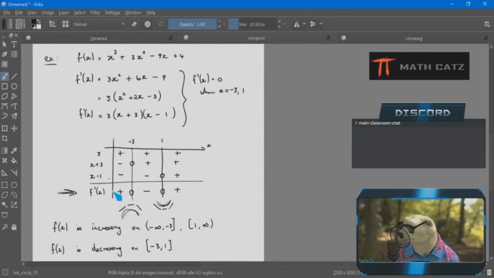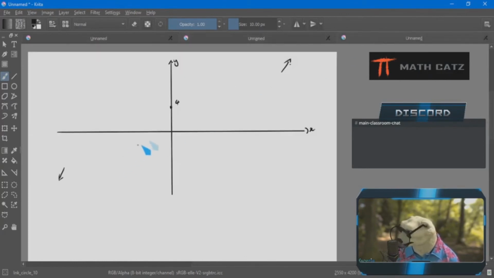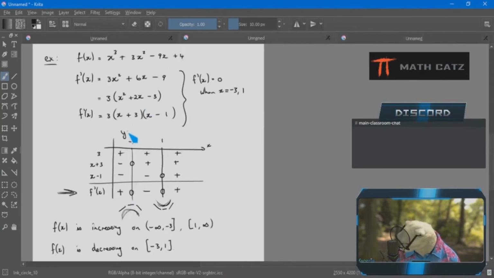That something interesting is happening at -3. And on the way to -3, which let's put -3 over here, I'm increasing. But there's a point sitting at -3. Where is it? Is it high? Is it low? I don't know. I need to find the y values corresponding to these x values.